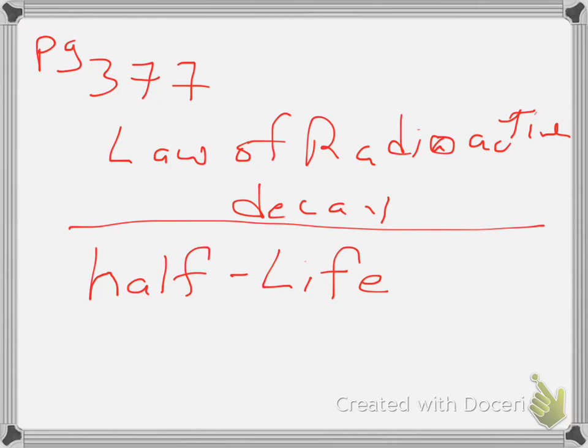And so after 1 day, the number of nuclei present would have decreased by a factor of 2. And then after 2 days, the number of nuclei now present would have decreased by a factor of 2. So I'm going to read it to you. It says there exists an interval of time called the half-life, such that after each half-life, the number of nuclei that have not yet decayed is reduced by a factor of 2. So please make sure you look at those on page 377.